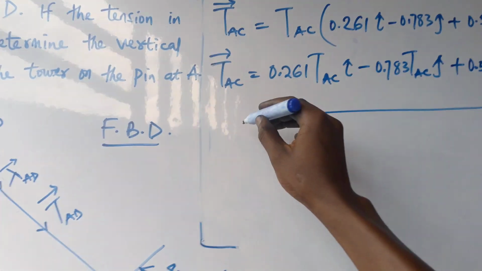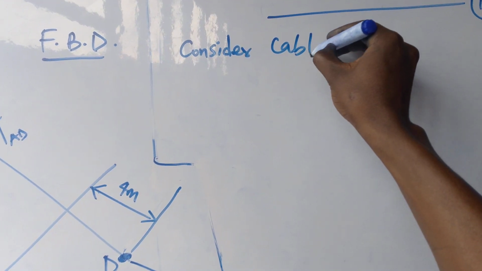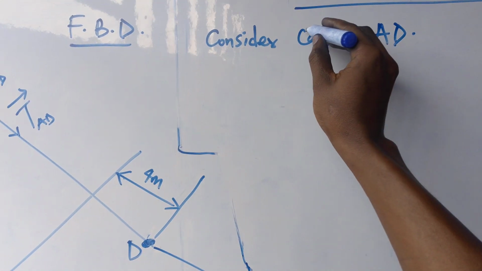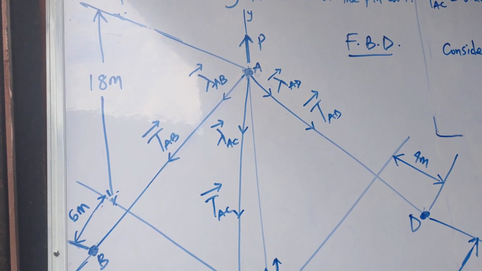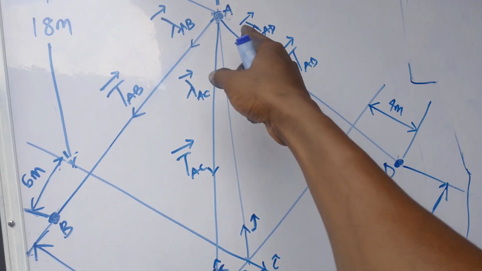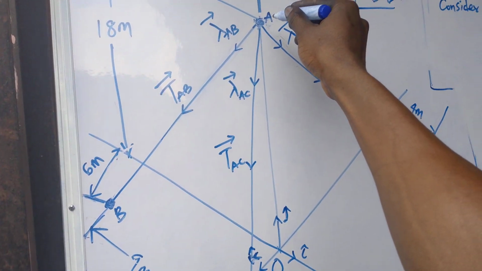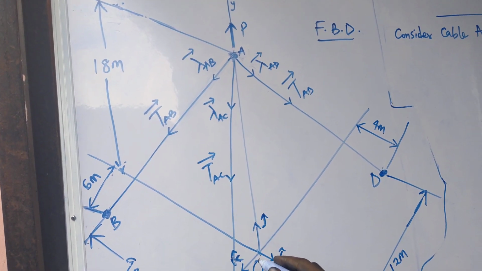Consider cable AD. Okay, now let's consider cable AD. If I move down from here to this point, let's move from here like this. This is minus 18J.